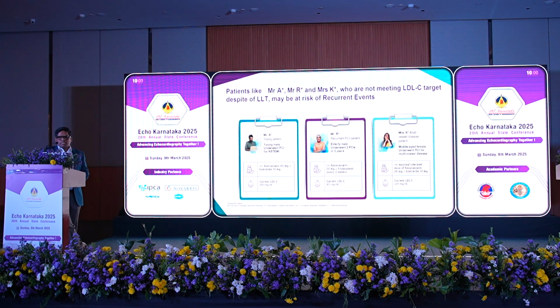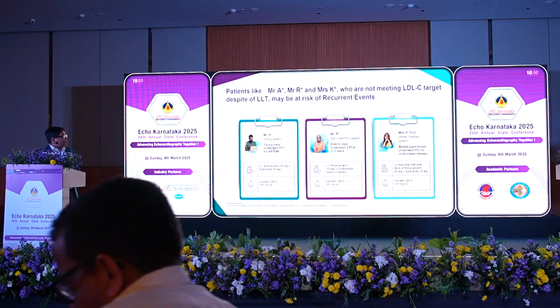He is on rosuvastatin and evolocumab, and his current LDL is around 80. The last patient is a middle-aged female who has undergone angioplasty for multivessel disease, and she is on 20 mg of rosuvastatin and 10 mg of ezetimibe, and her current LDL cholesterol is around 120. So how do we treat these patients?